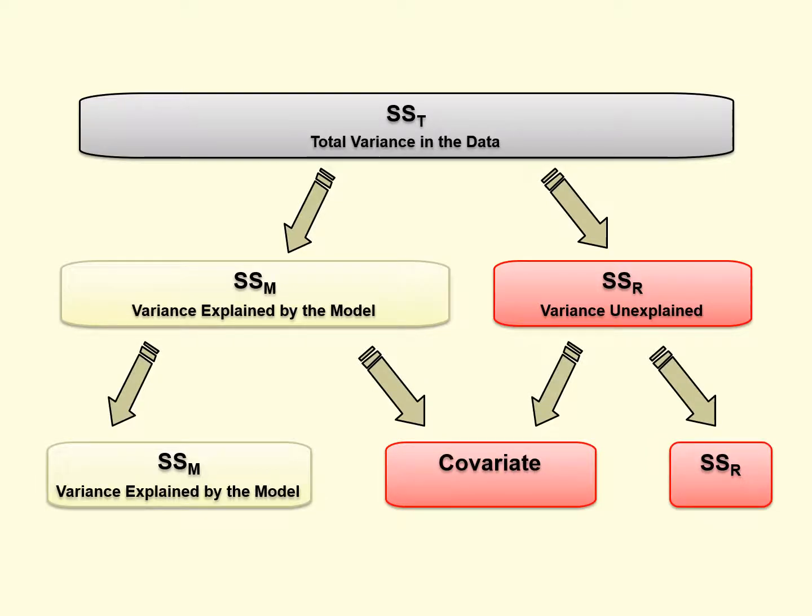But if some amount of that unexplained variability overlaps with the covariate, and some amount of the explained variability also overlaps with the covariate, we shrink our sum of squares residual, or our sum of squares within groups, or our sum of squares for our augmented model, but we also shrink the sum of squares for the model. That is the sum of squares that's reduced by using the augmented model. So again, you can imagine helping ourselves a little bit by shrinking SS sub r, but hurting ourselves a little bit by shrinking SS sub m.